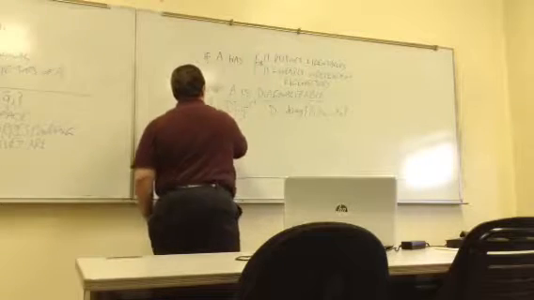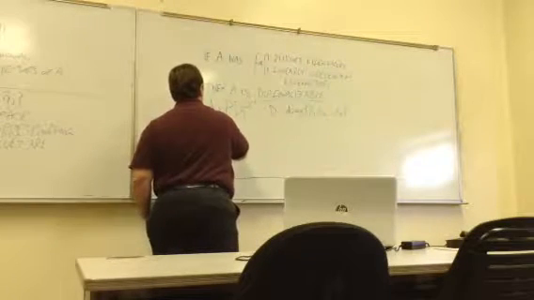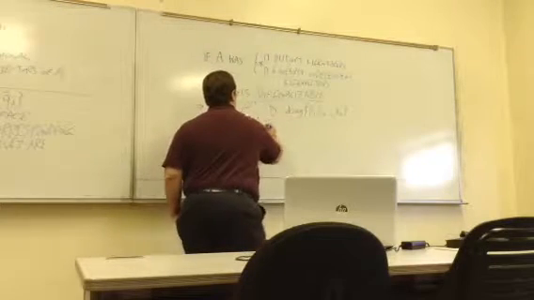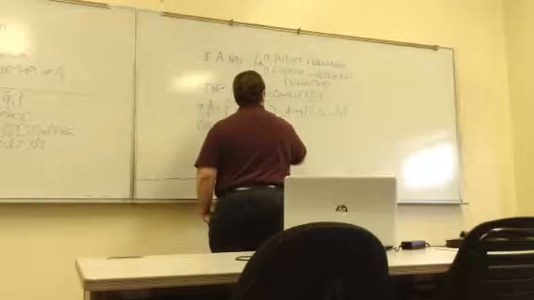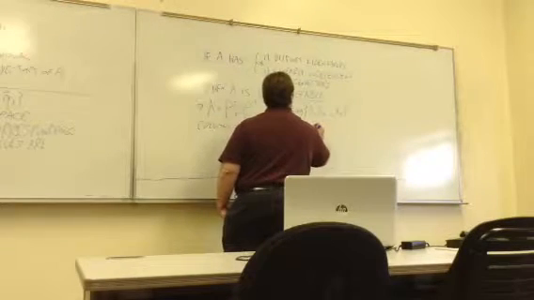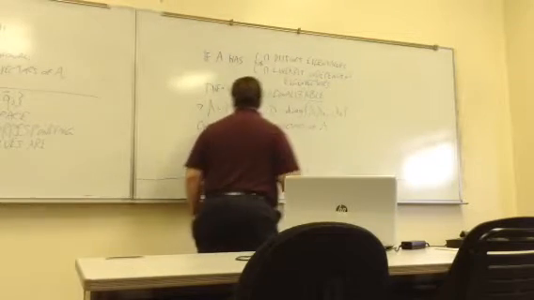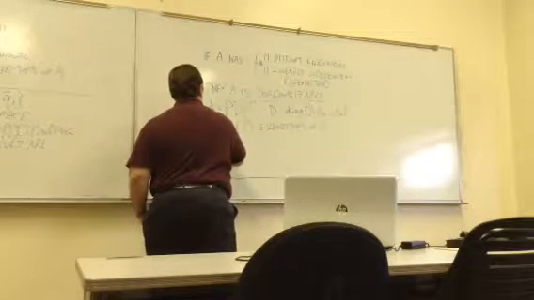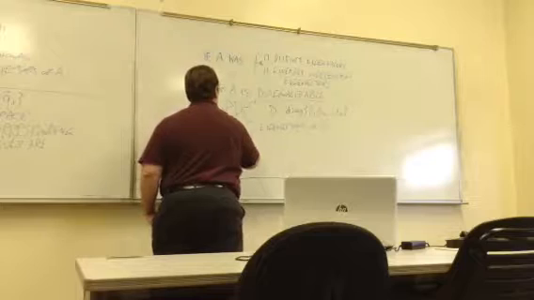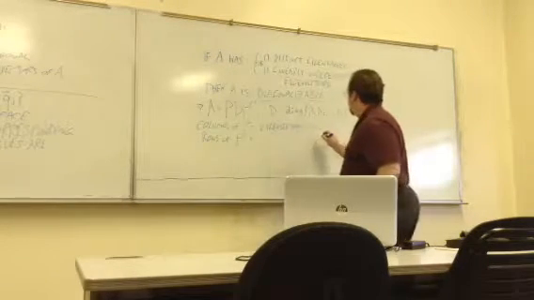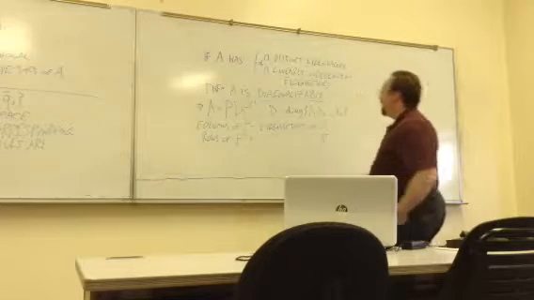And the columns of P are the eigenvectors of A. We can also say that the rows of P inverse are the eigenvectors of A transpose.